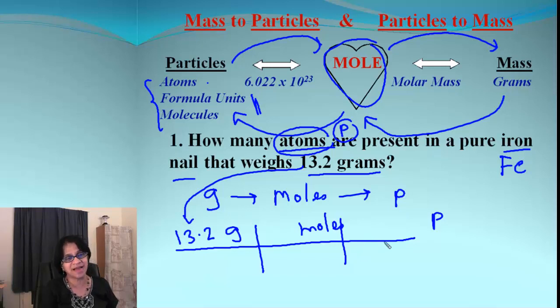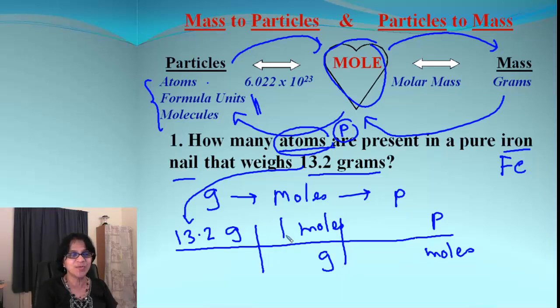Now it's simple math. You're going to cancel out grams with grams, so diagonally across you write grams here, and we cancel out moles, so we write moles over here. Now remember, when we get a ratio of moles to grams, it's always 1 mole is equal to the molar mass. The molar mass is the mass of 1 mole.